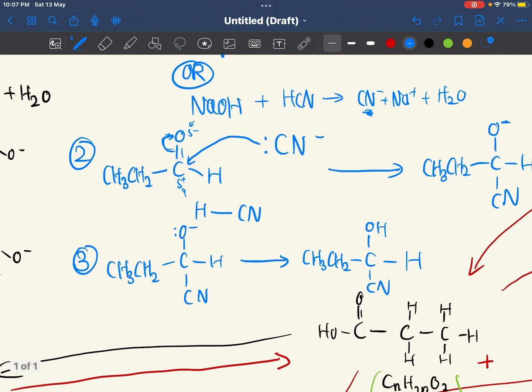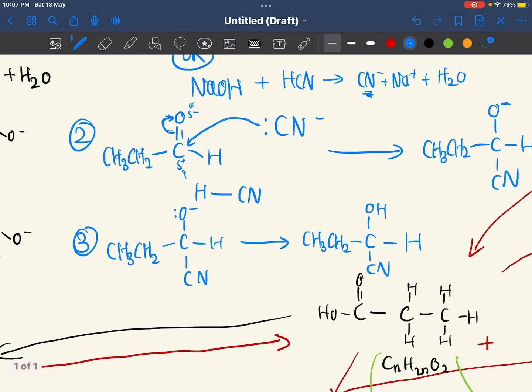Okay, so now moving on to part 2, the last step. The last step of this reaction is that now I have my lone pair of electrons on O attacking the H atom from this HCN. Now you don't really need to show the delta positive, delta negative, because the electronegativity of carbon atom and hydrogen atom are quite similar.